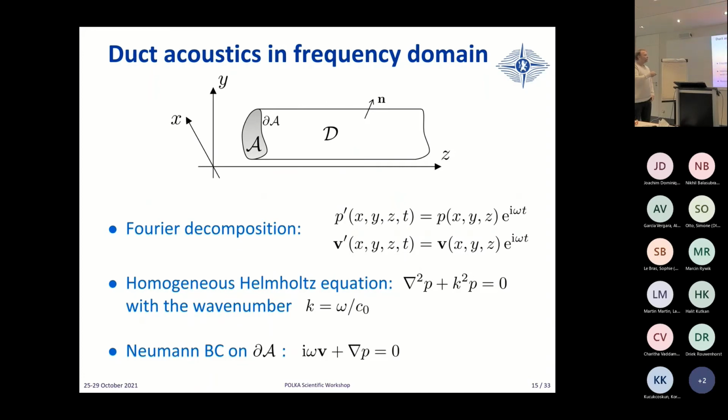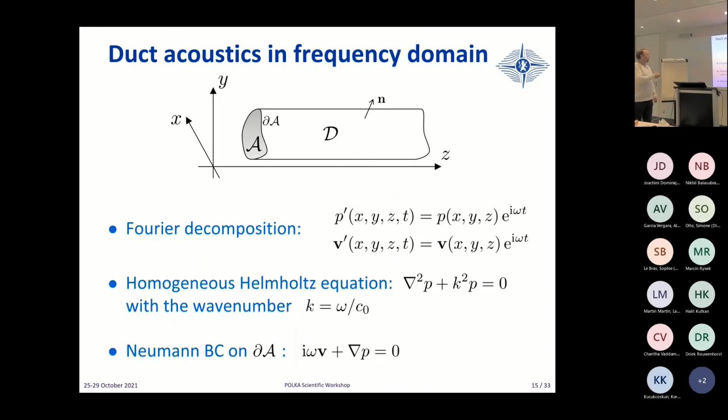The case we are going to treat is the case where the duct is infinite. If the duct is infinite, it means that it takes a really long time for a reflection to come back, but really long. So the boundary condition is only outgoing waves and no reflected waves, or anechoic boundary conditions.